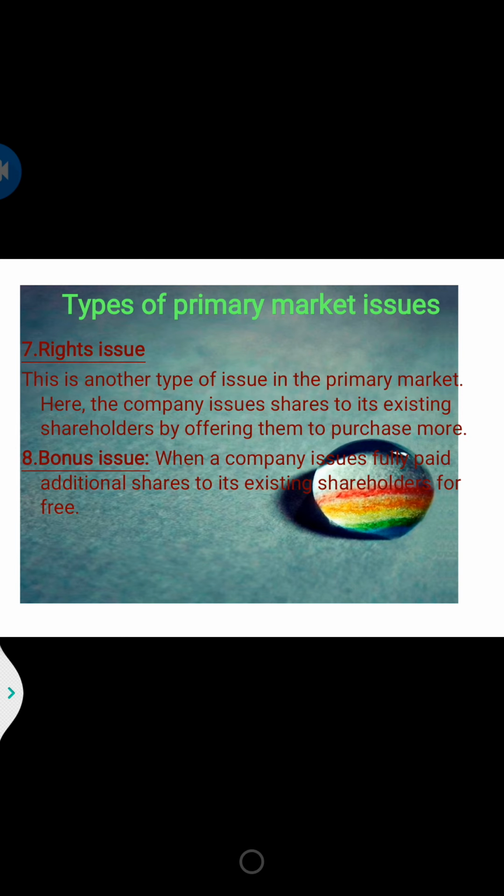It means if the existing shareholders refuse the offer, then the company can issue those shares to outsiders. So the first right is given to the existing shareholders, and if they decline it, then it is given to the next.